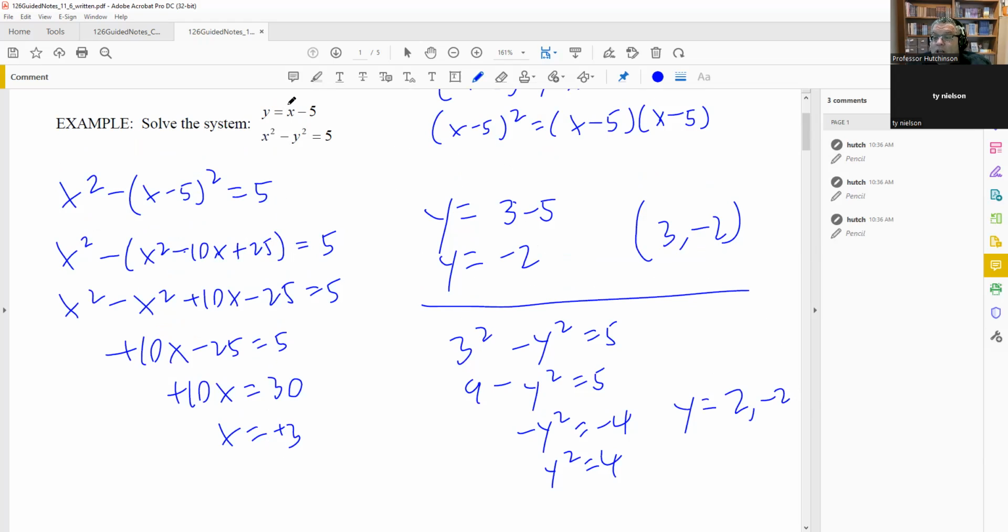So if I put 3 in here, I should get -2 for y, and I don't. So putting a 2 in here does not make a true statement. If I put 3 in here, 3 minus 5 is not equal to 2. So although it may work for the bottom equation, it doesn't work for the top equation. So in that case, I would eliminate my answer.